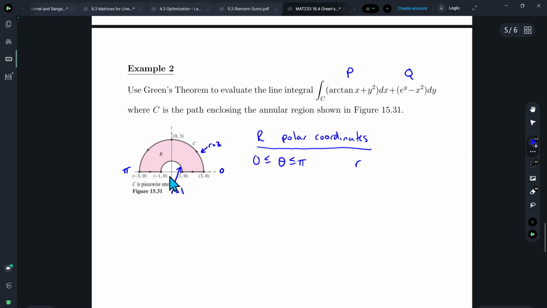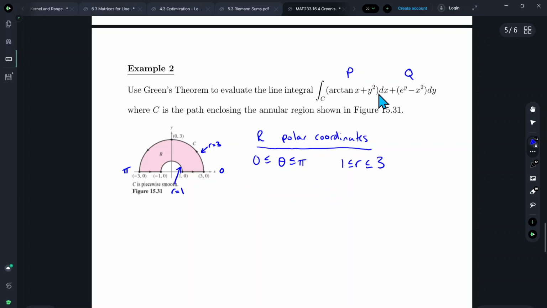And for r, you start from the origin. The inner circle has radius 1, so that's where the annular region starts, and then it ends here at the outer circle, which has radius 3. So r goes between 1 and 3.